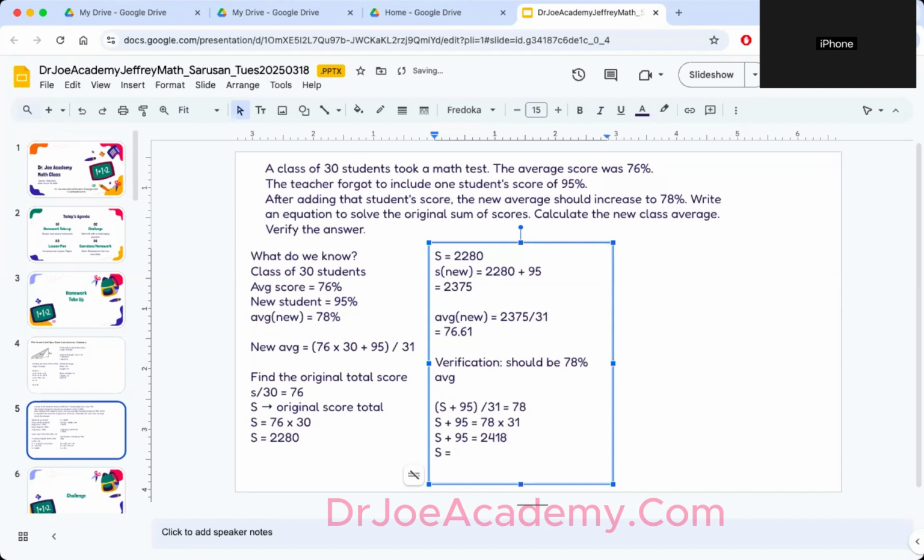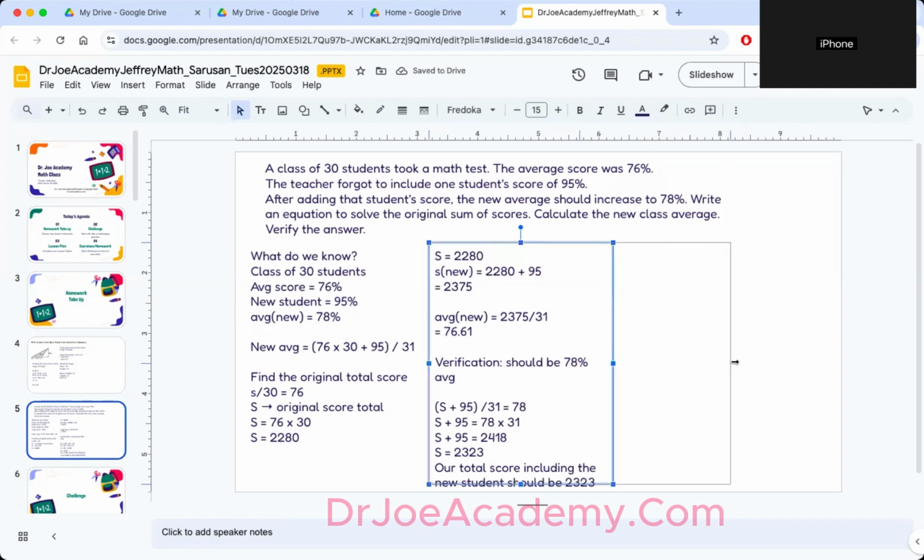And now we're going to subtract by 95. 2,323. All right. Excellent. So this should be our total score. So our total score, including the new student, should be 2323.